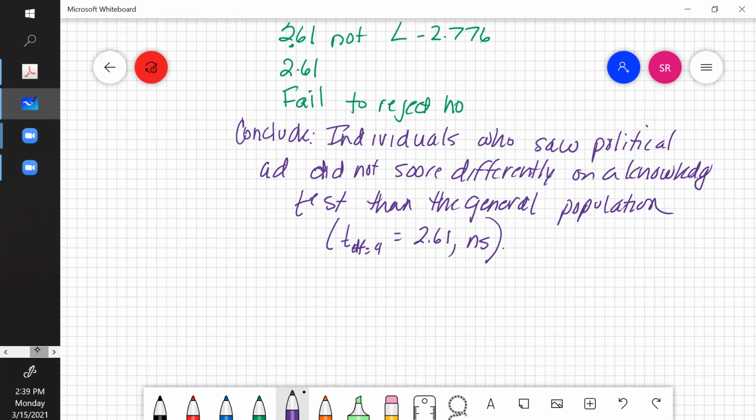So if I were advising this researcher, I would say this was not significant, but if you got a larger sample, you could probably find a better result. So I would encourage this researcher to get a larger sample in the future, even though at this point, based on this very small sample, she did not get a significant result.